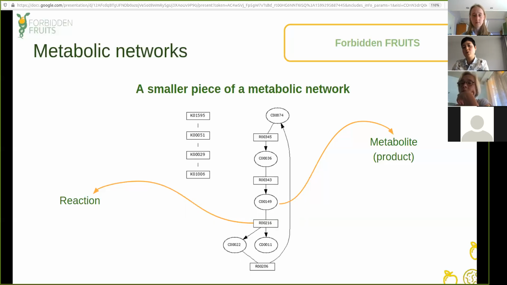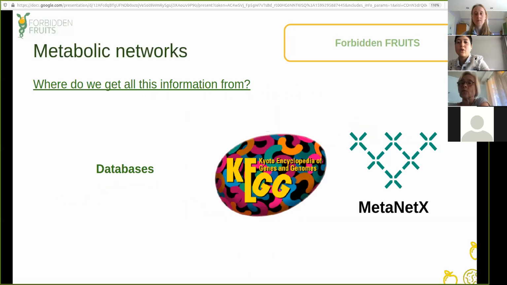So in this example, we zoomed into the previous piece of the bigger metabolic network, and what we get are these ellipses that represent the metabolites and the boxes that give names to the lines or edges or arrows. So they are chemical reactions. And now, where do we find all of this information?